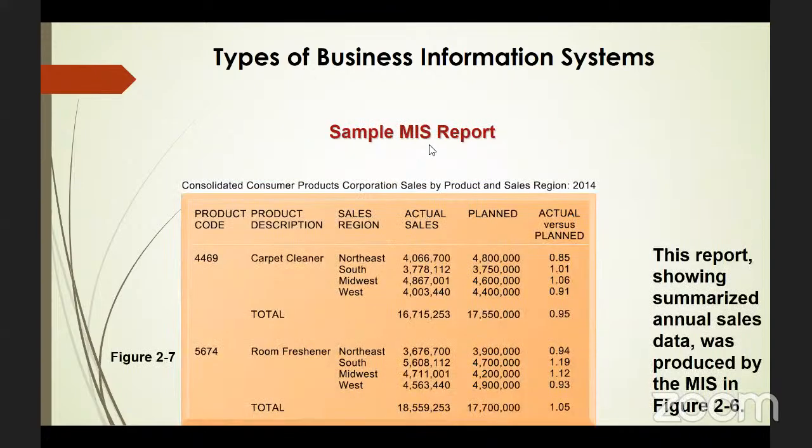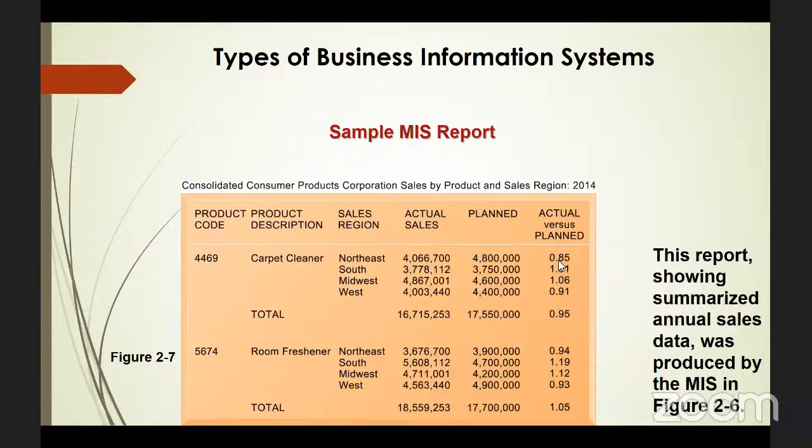A sample MIS report is actually showing that we're selling 2 kinds of products, carpet cleaner and room freshener, in 4 different regions. This is a US example because of the textbook for the class. And then you see they're comparing actual versus planned sales. Interestingly, in the Midwest, they actually sold more than was planned, 6% more.